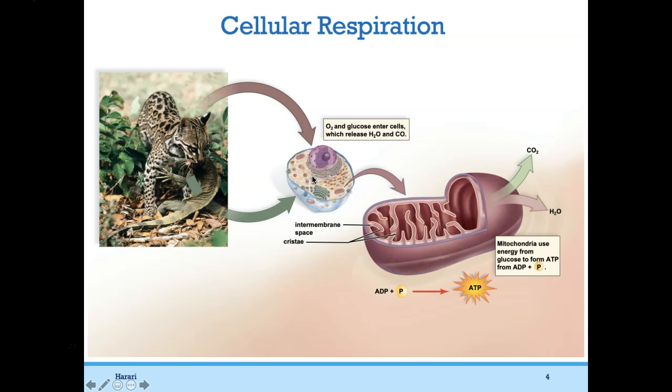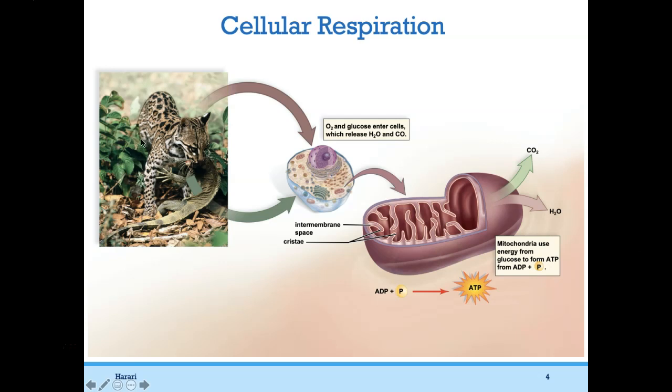And in the cytoplasm and mitochondria, the process of cellular respiration will break down that glucose and those nutrients using oxygen in the atmosphere to make ATP. That is the goal. Making ATP. As a result, the waste products are CO2 and water.